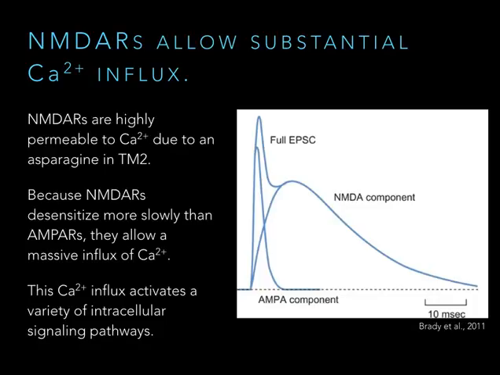When you compare the amount of ion flux with AMPA and NMDA receptors, you can see AMPA receptors activate very quickly, but then they also desensitize rapidly. So you get a very brief current. NMDA receptors open more slowly, but they're active for much, much longer. This is analogous to the voltage-gated sodium and potassium channels, where sodium channels open quickly, but they inactivate.